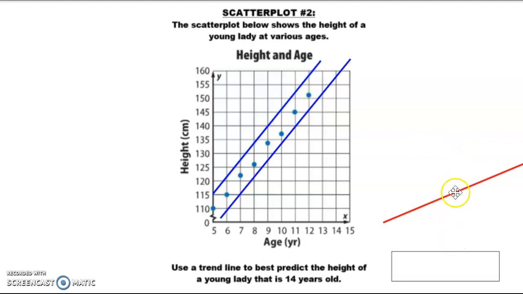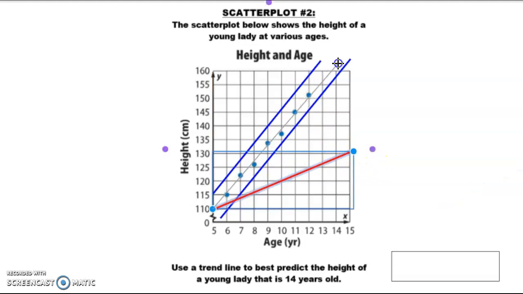All right, so now our trend line is going to go in the middle. And it doesn't have to hit every single point, but you want your trend line to touch about most of the points that you have here, okay? So you want your trend line to be able to touch most of your points.